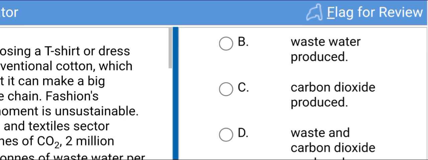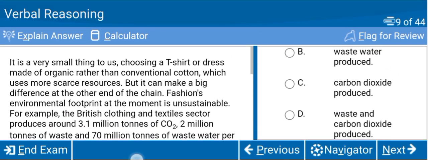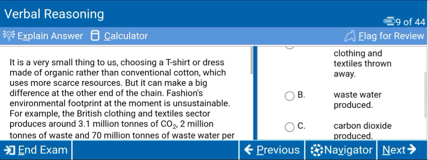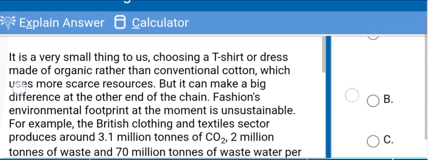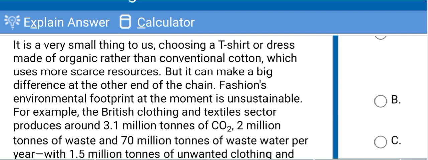Option C, carbon dioxide produced. Option D, waste and carbon dioxide produced. Here we have these options and a different passage for these questions. Again, you can take a look at these passages to find out your answers.